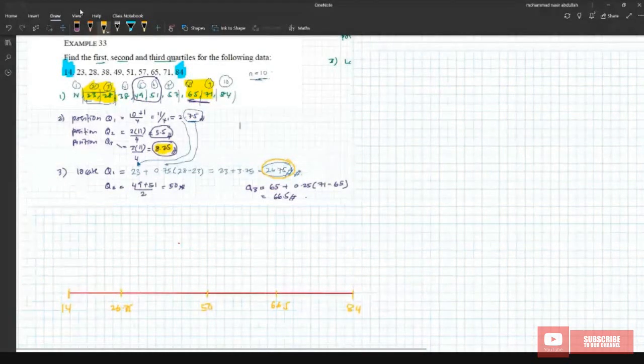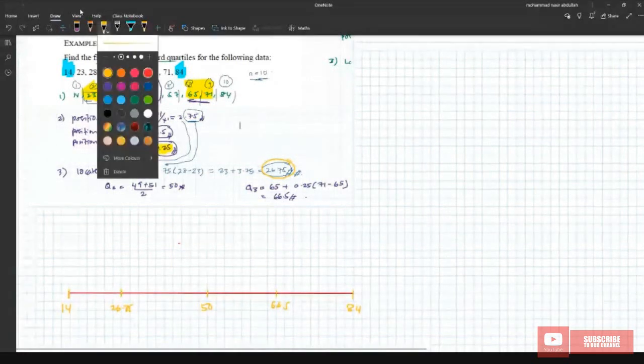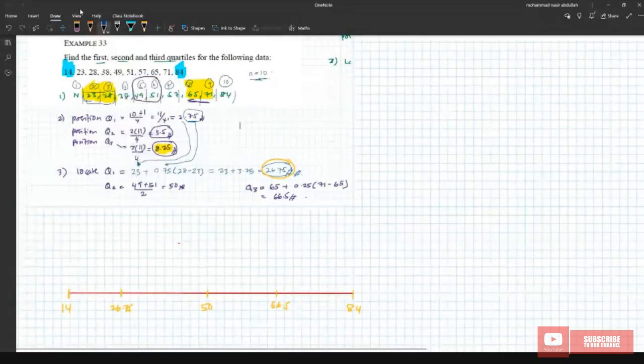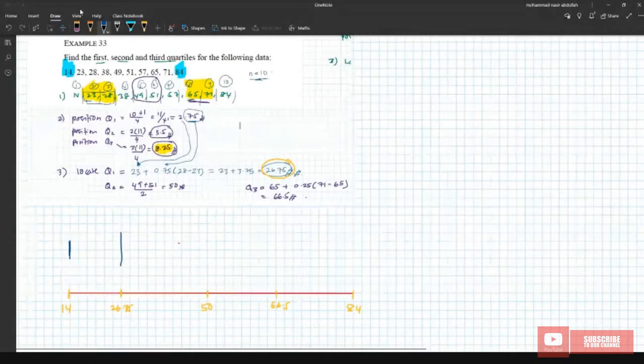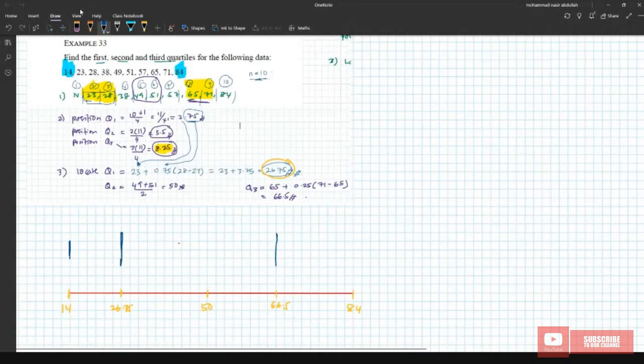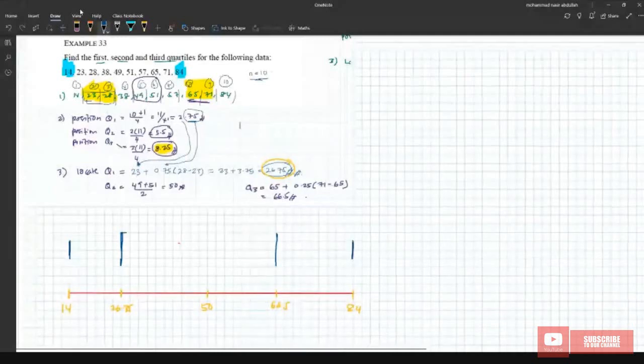Okay, so to draw a box and whisker plot, you need to have the whisker first here, and this is the line for quartile 1, the first box, and then this is the end of the box, right? And this is the maximum value. So you draw it.